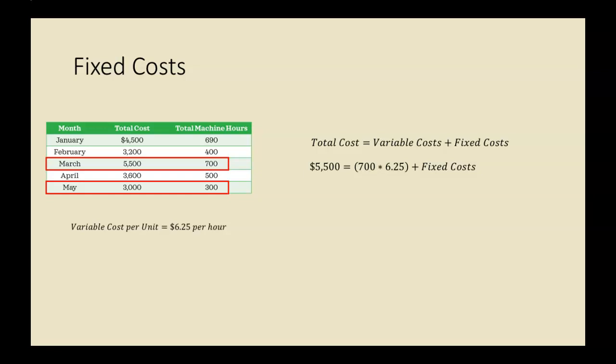And then we could just solve for fixed cost using algebra, right? So our total cost is $5,500. Our variable cost comes out to be $4,375 plus X, our fixed costs. So we subtract $4,375 and we see that our fixed costs equals $1,125.